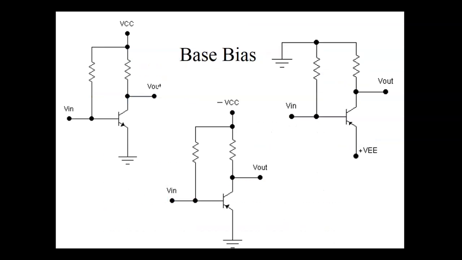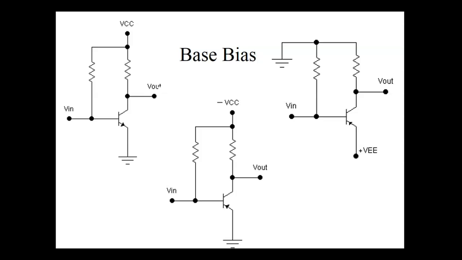So this is base bias. This is the one that we use. Here, of course, we're still connected to the collector, but the primary control is over here on the base. That makes sense? So this is what we're trying to get into, only one power supply, and then we use resistors to set the bias.